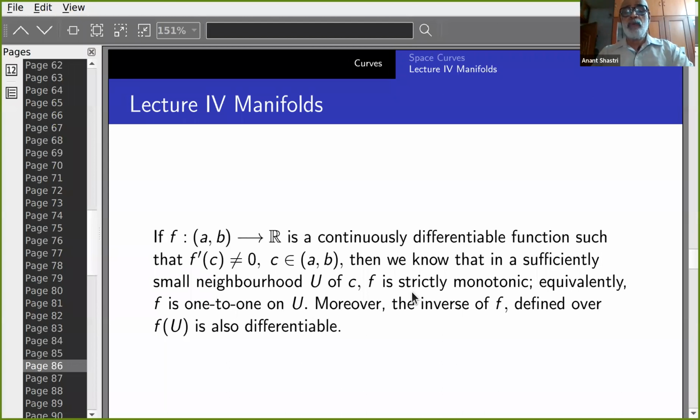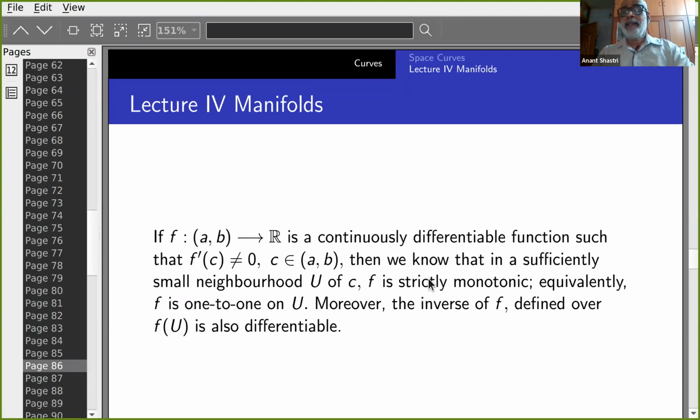Equivalently, f will be a one-to-one mapping of U into some interval. Moreover, the inverse of f defined over f(U) is also differentiable. So this is all one variable calculus that you know.